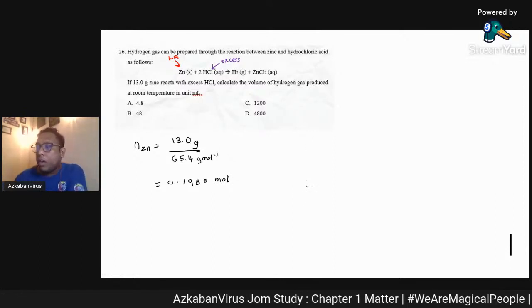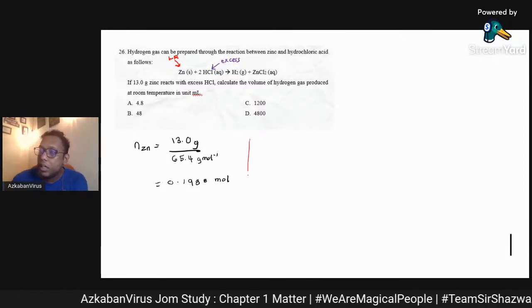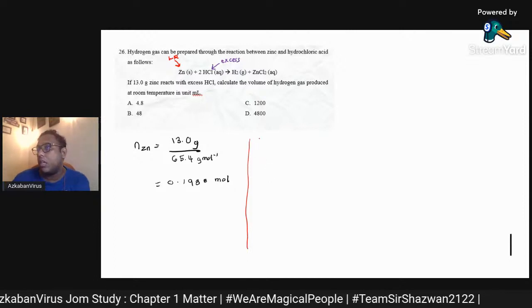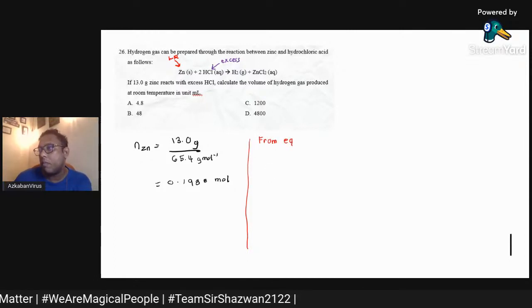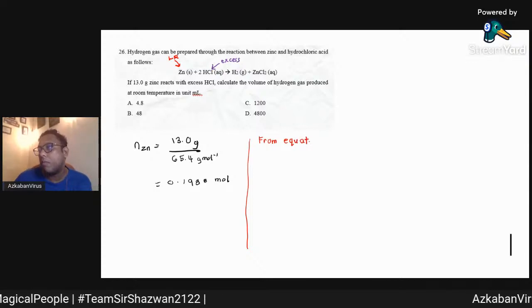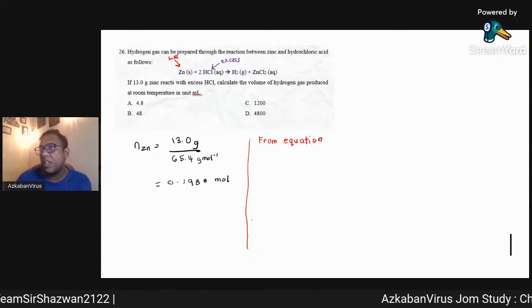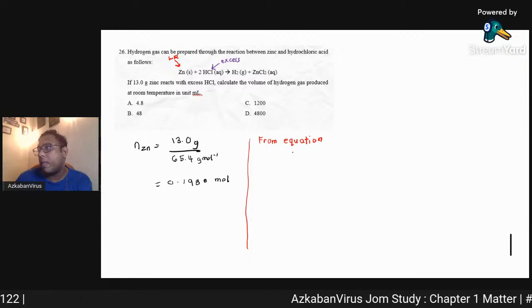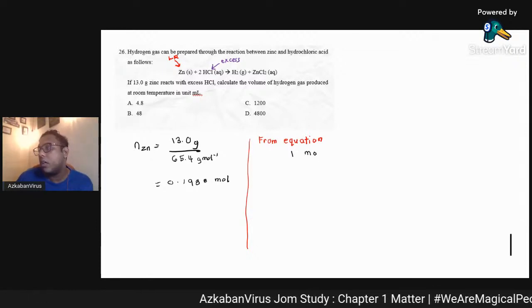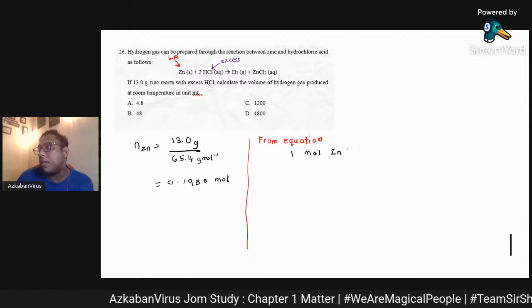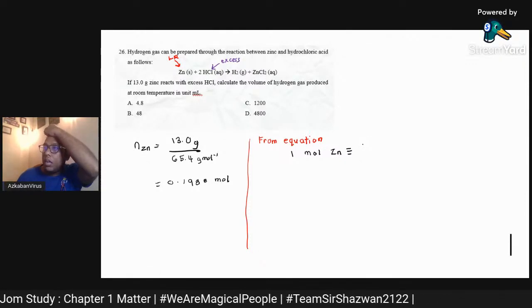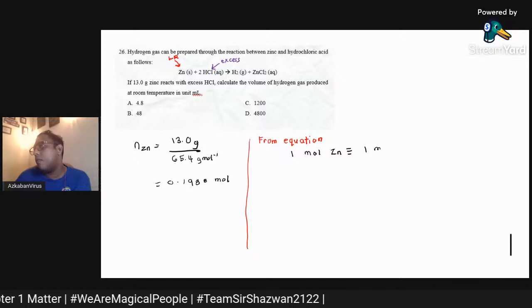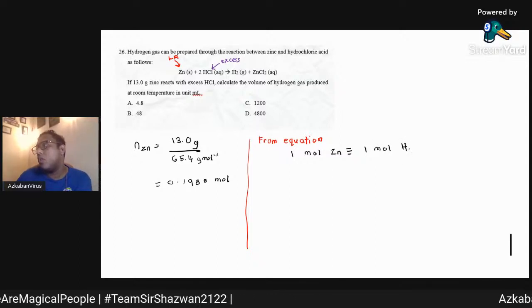Okay, and from here we know that from the equation, one mole of zinc akan bertindak balas dan akan menghasilkan 1 mole of H2.